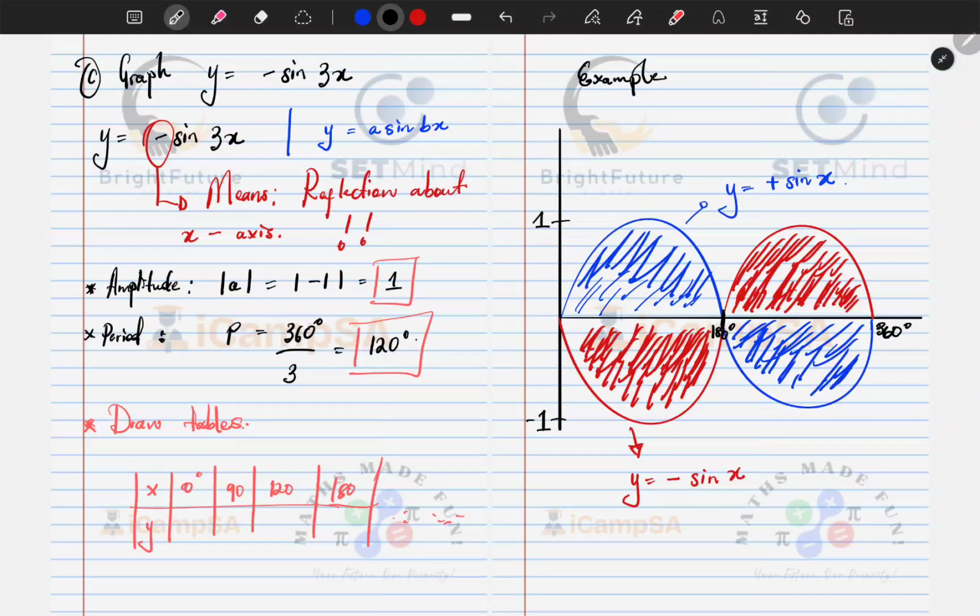So this is what we mean. This one is negative, and as you can see, this one is positive.